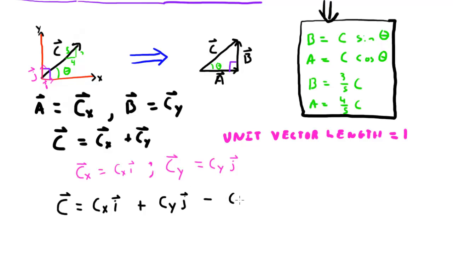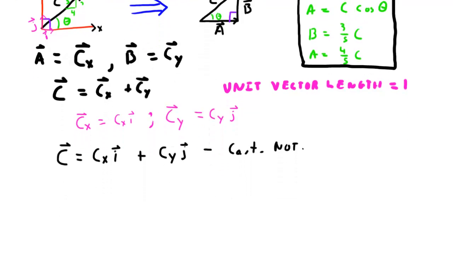And this is called Cartesian notation. And this is the notation that we'll start very quickly to use throughout the book. The advantages of this notation are twofold.